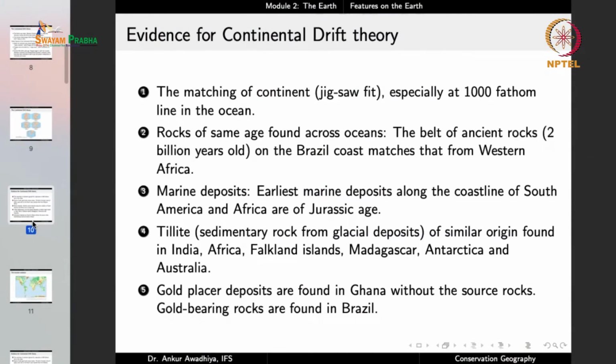Another is that the gold placer deposits that are found in Ghana are without the source rocks. Now gold placer deposits are deposits of gold that have accumulated in a place primarily through river waters.